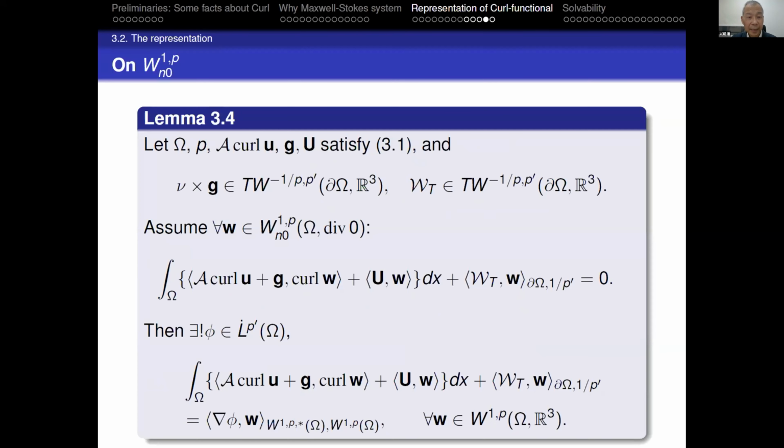Next, if we consider the space W^{1,p}_{N,0}, then U, G and capital U satisfy the condition before, but we also have some boundary term. Assume that you have some W_T, which is a tangential vector field belonging to some trace space, and this tangential vector field can act on W on the boundary. So we have an equation in the weak form.